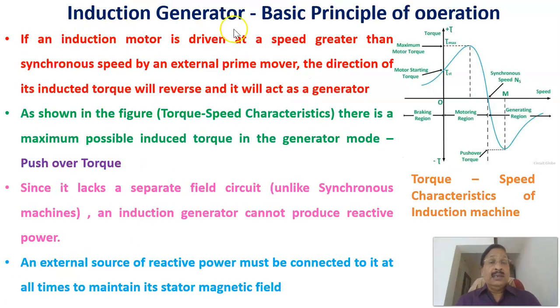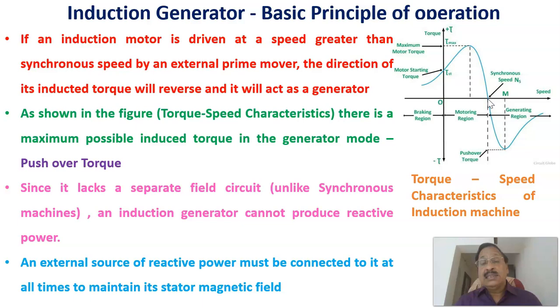Now let us see the basic principle of induction generator. In order to explain that, let us first see the torque speed characteristics of an induction machine. Torque is on the y-axis, speed is on the x-axis, and this is the synchronous speed ns.